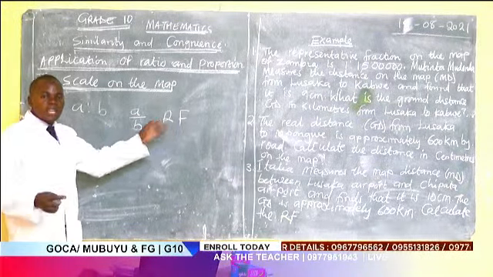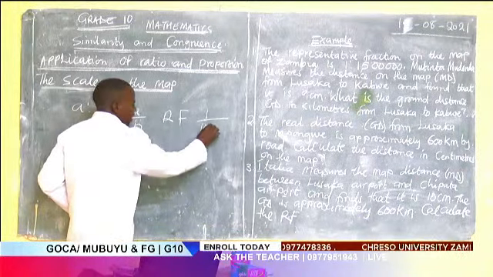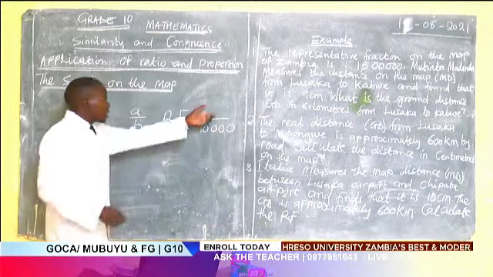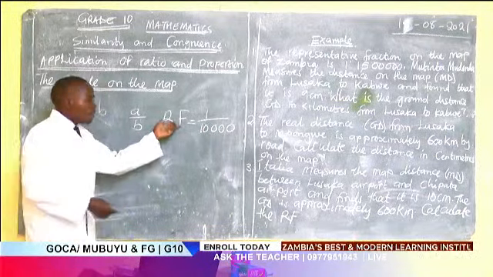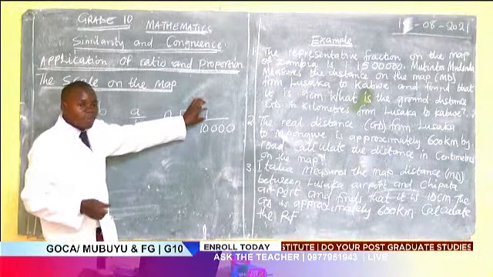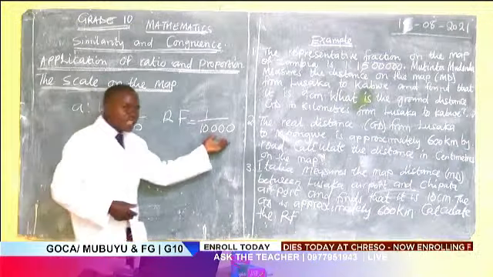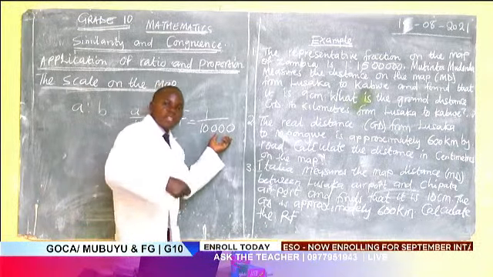Okay? So when you check there, for example, you have 1 over maybe 10,000. So this is a representative fraction, meaning that 1 centimeter on the paper represents 10,000 centimeters on the ground.